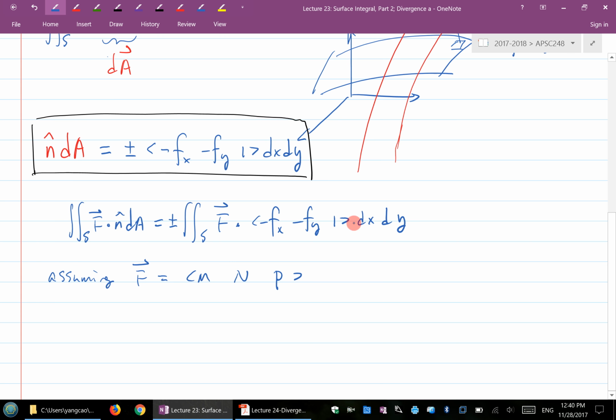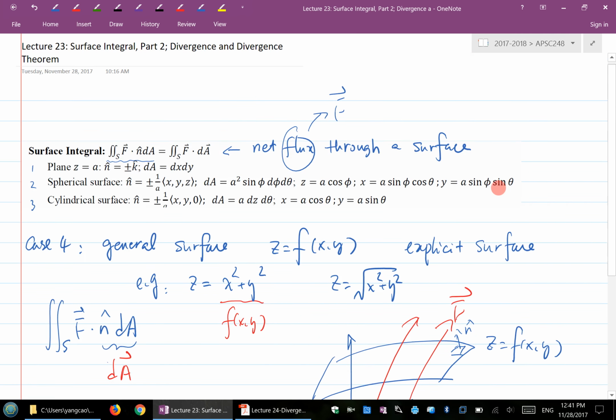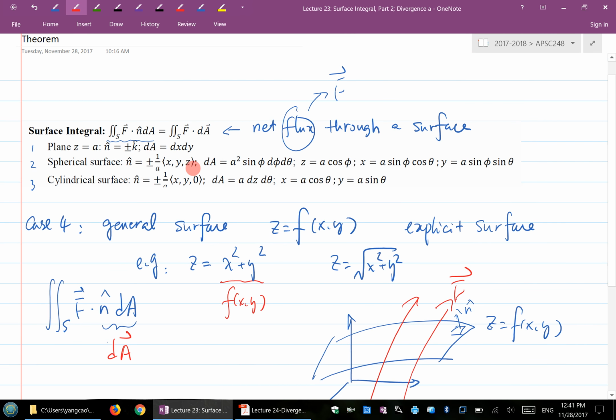Once you substitute n hat dA here, the evaluation of the surface integral essentially boils down to the variables x and y, just like the other cases of surface integral. It's a surface in 3D space, but when you evaluate the surface integral, you essentially concentrate on only 2 variables instead of 3 variables. So here you have x, y.